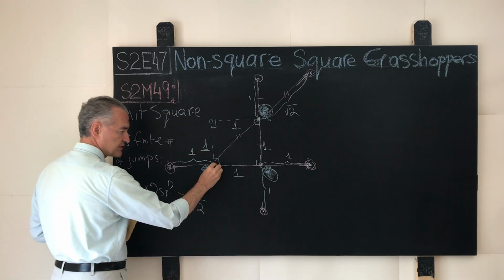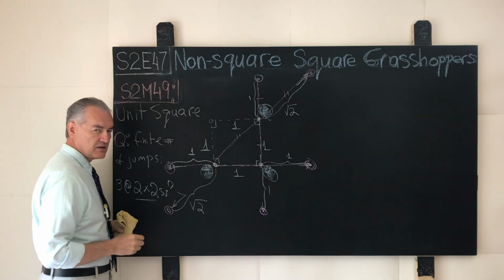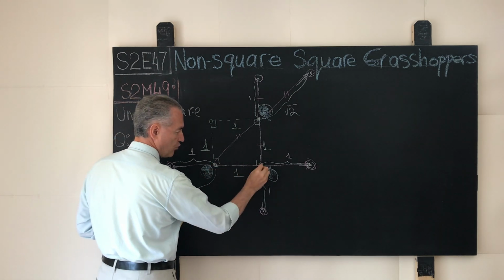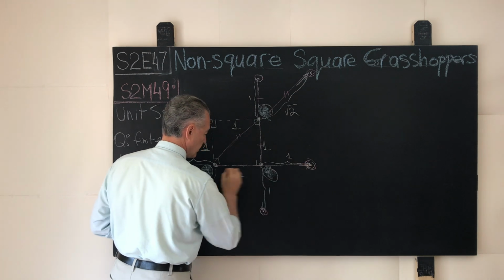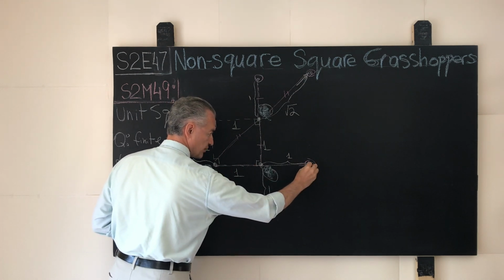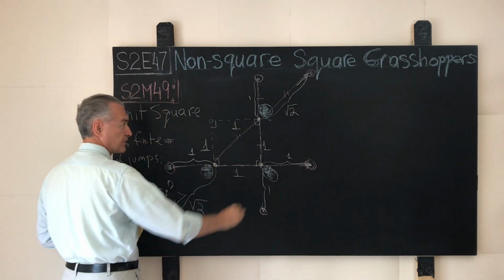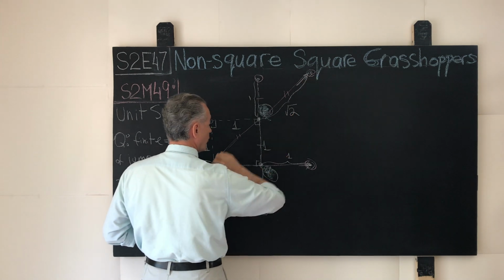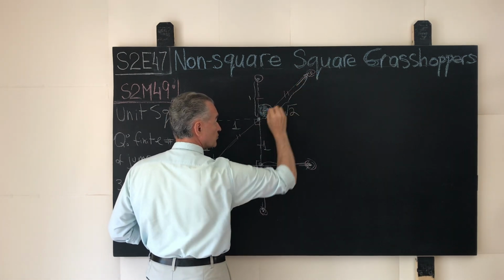For example, the grasshopper shown in the lower left can jump which way? He can jump over the lower right grasshopper by the distance 1 and find himself over here. This is one possible jump. Or that grasshopper can jump over this one, but in this case it will land on a point that is how many units of distance away?